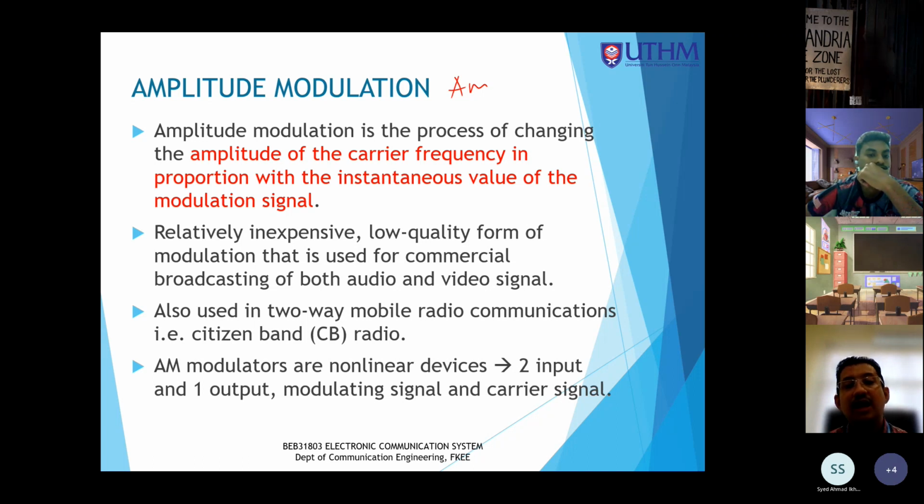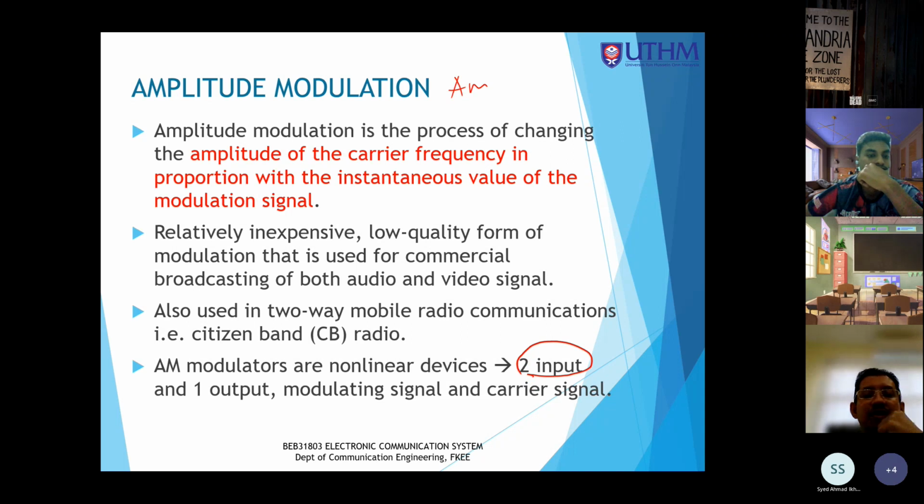Okay, so AM modulators are non-linear devices. Okay, non-linear device dia mempunyai 2 input dan 1 output. Okay, sekurang-kurangnya 2 input at least. Okay. So we have a modulating signal and we have the carrier signal. So berhati-hati di sini, jangan confuse.